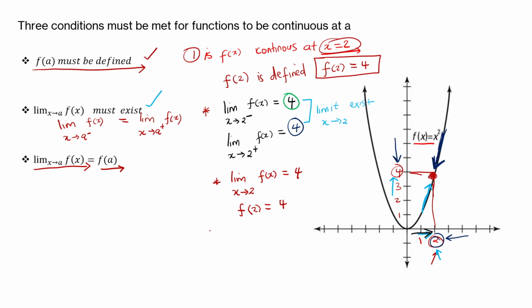So you can say that the limit as x approaches 2 of f of x is the same as the y value when x is equal to 2. So the third condition is met in that way. So basically, once you prove these three conditions, you can say now your function is continuous. For a function to be continuous at a particular x value, we need to meet all these three conditions. f at a must be defined.